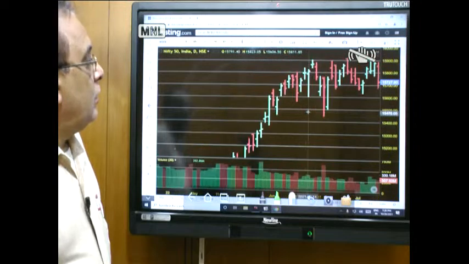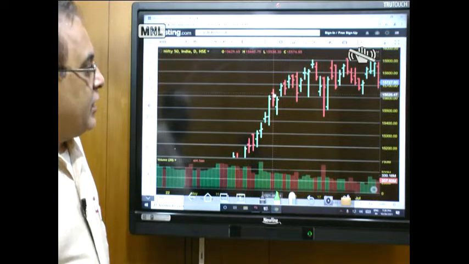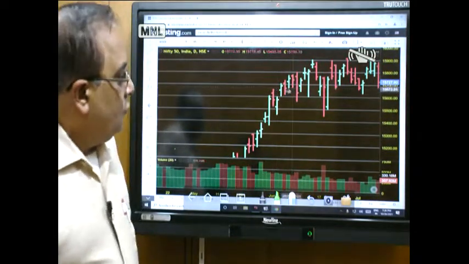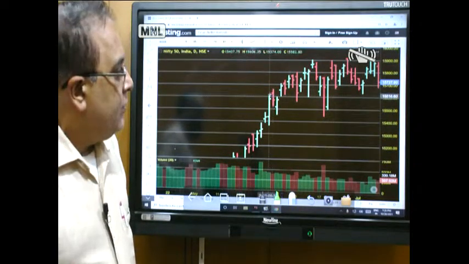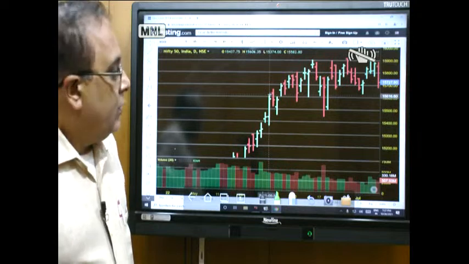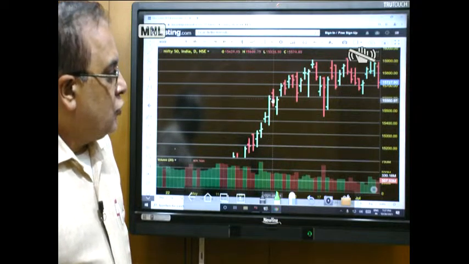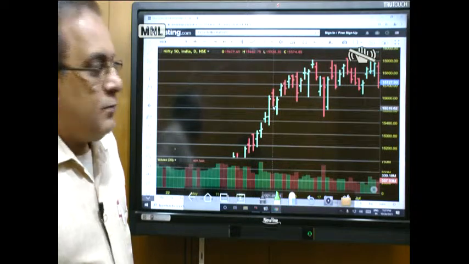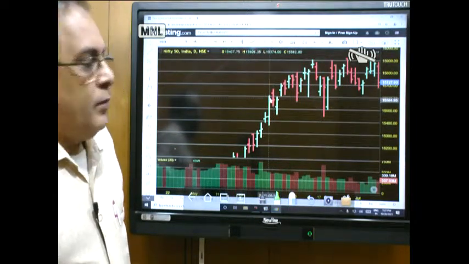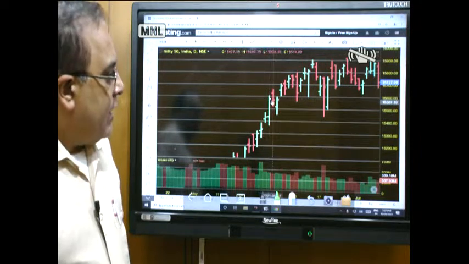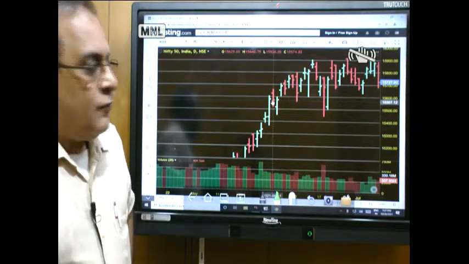See now where I am keeping this cursor, this particular day opened above the previous day bar, but there was a fall which took place probably very close to the previous day average. So it was much below the previous day high, below the previous day close, and went almost into the average of the previous day.